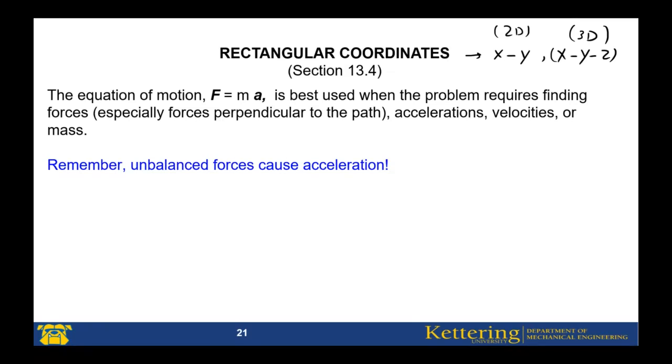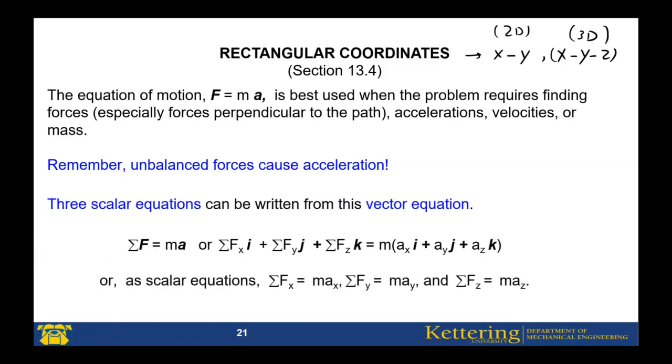Unbalanced forces cause the acceleration. If there are balanced forces, there is no motion. The body stays at rest or moves with a constant velocity, if there are no unbalanced forces.